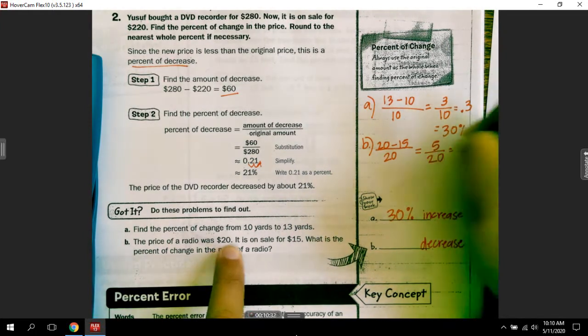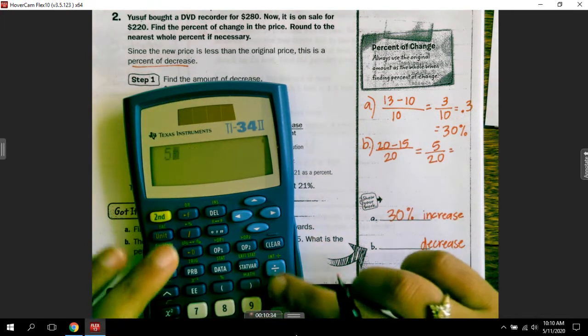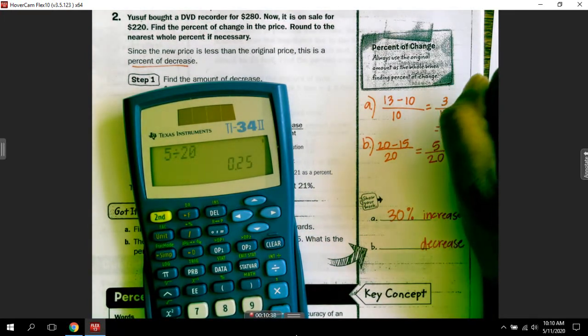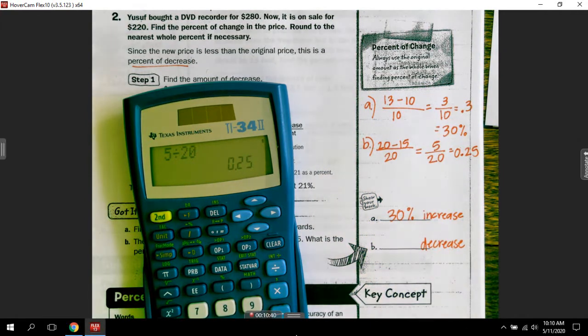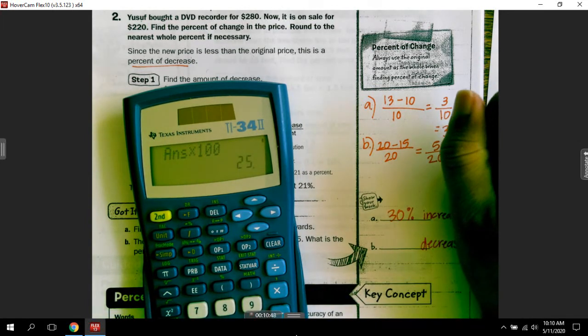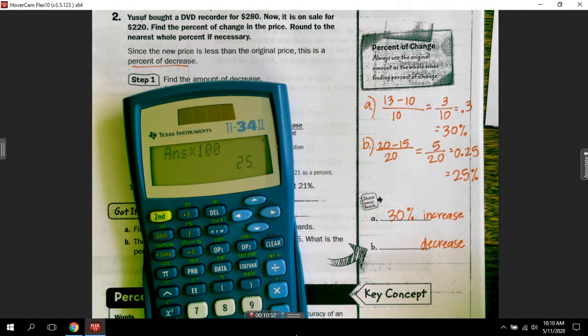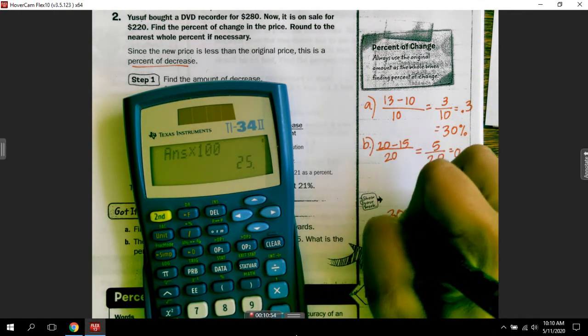So 5 over 20. So 5 divided by 20 gives you 0.25. And then multiply that by 100 or move it 2 places to the right. And that becomes 25%. Okay? So that means it's a 25% decrease.